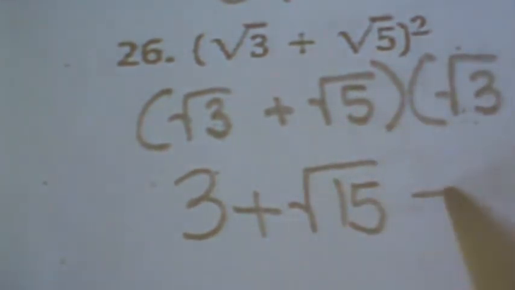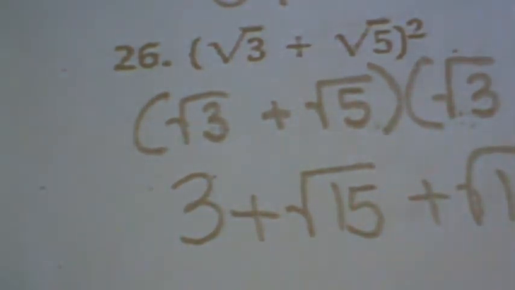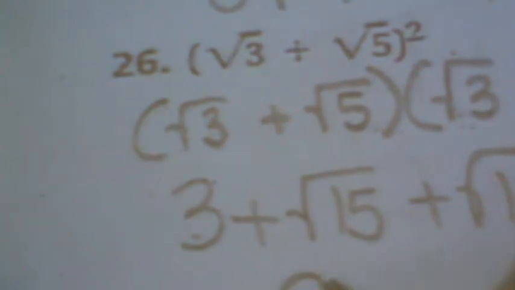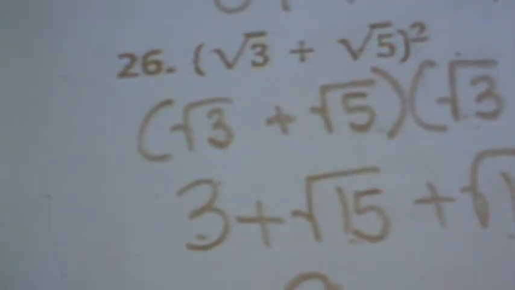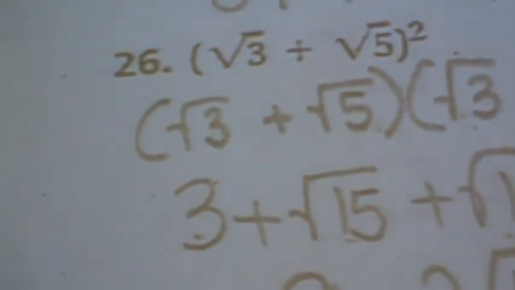Then another root 15. I'm just multiplying. Root 5 times root 5 is just a plain old 5. 3 and 5 is 8. And root 15 plus root 15 is 2 root 15s.